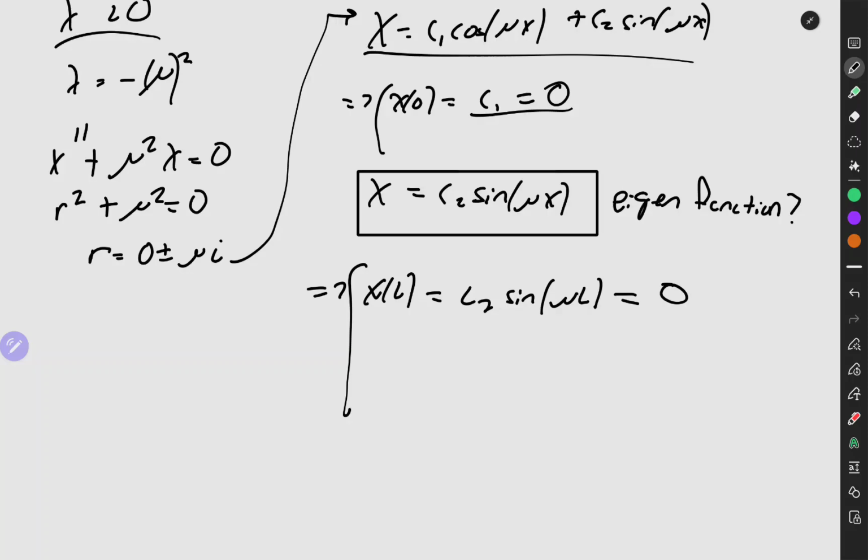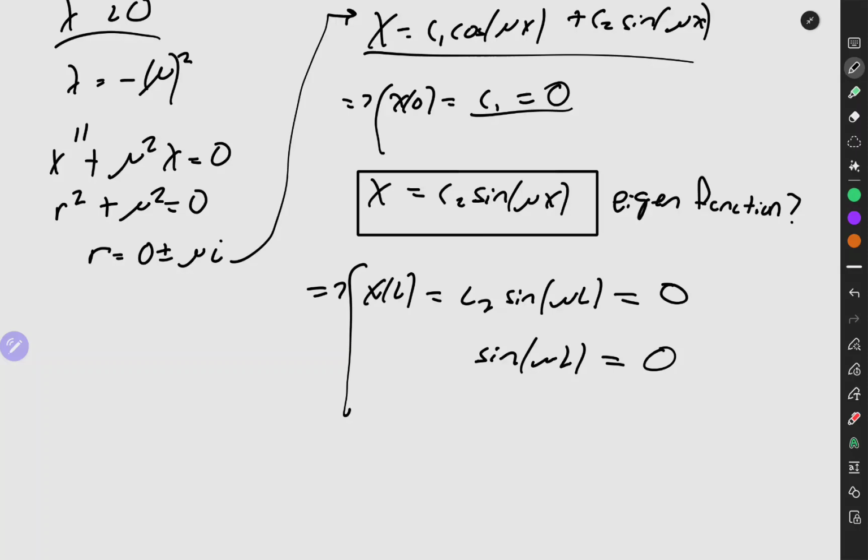So now we have to look at this, and we have to figure out what would make this 0, right? Remember, it doesn't matter what C2 is; it's a constant.